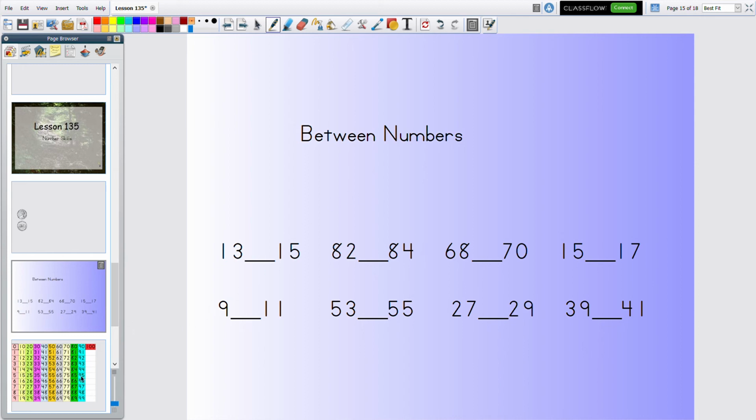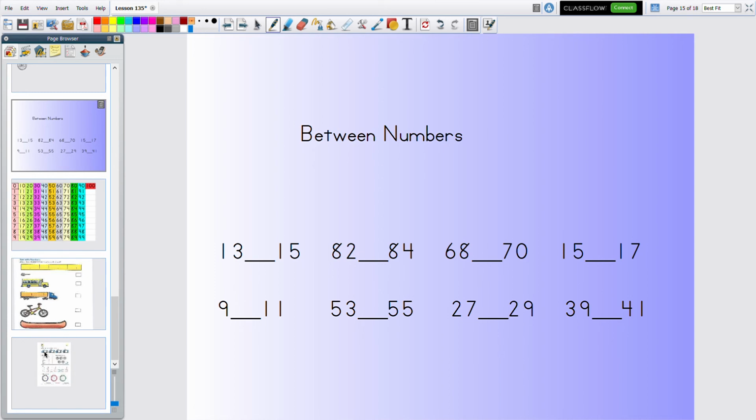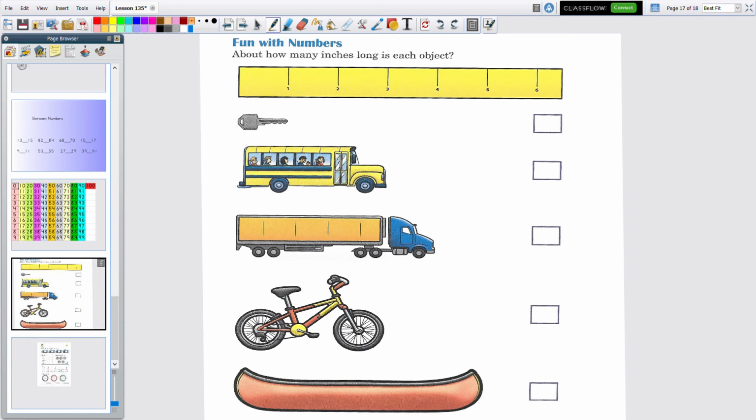So let me see if I can bring that up. Let's go to the back of the paper first so I can explain it. So make sure you have this paper. We've been learning about measuring things, measuring by inches. So it says how many inches long is each object. So you see, if you take this, the end of this, they're all at the end here. If you take this and go up, up, up, how many inches do you think that would be?